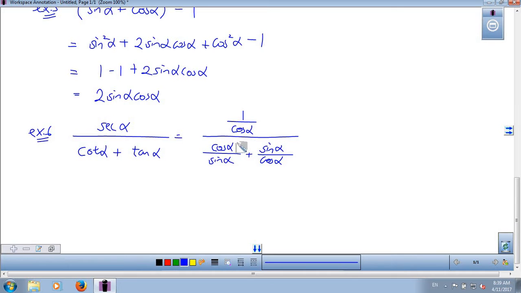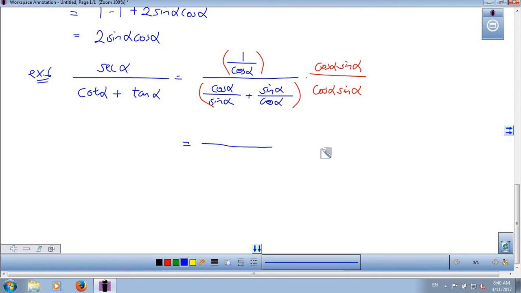Alright, so secant is 1 over cosine, cotangent is cosine over sine, tangent is sine over cosine. So I can see all the denominators are cosine and sine. That means if I multiply by a common denominator on both the numerator and denominator, that will help us get rid of the complex fraction. So let's multiply cosine times sine on the top and cosine times sine on the bottom. Let's see how that helps us simplify things.